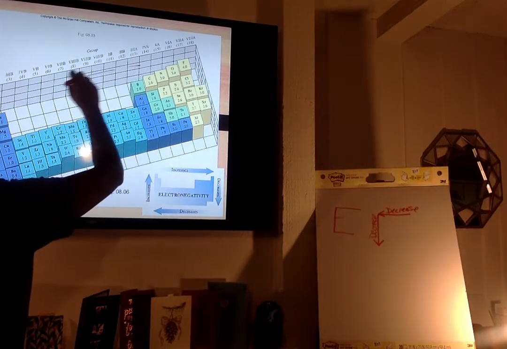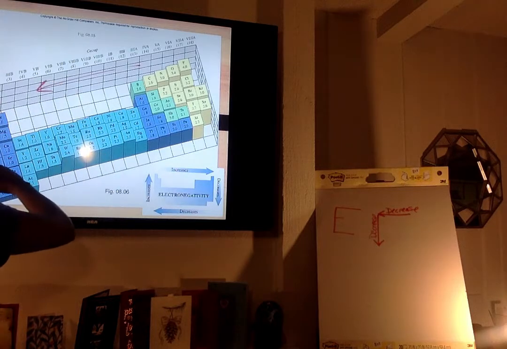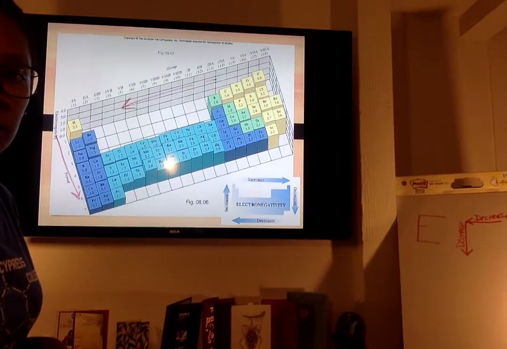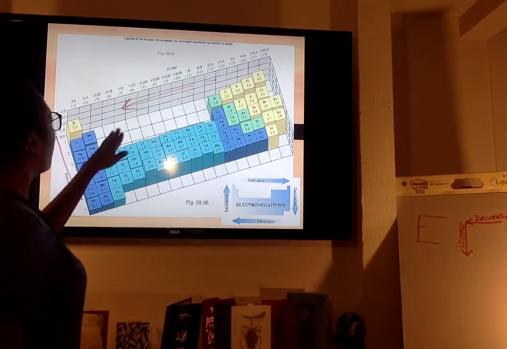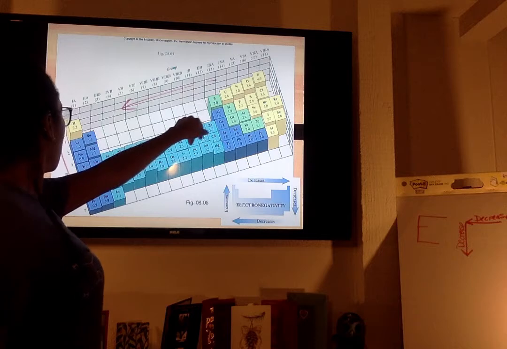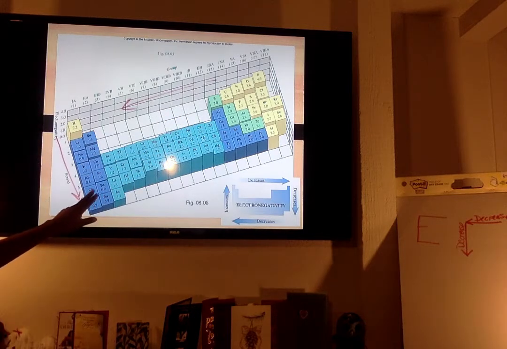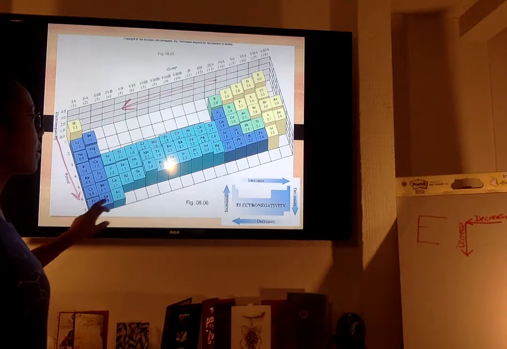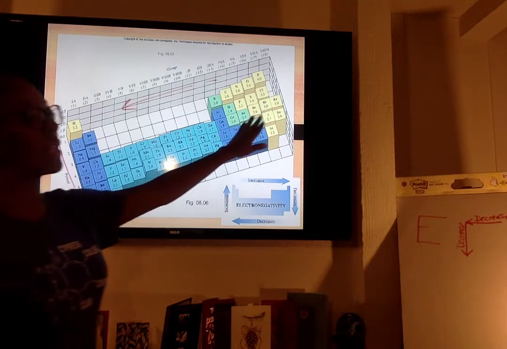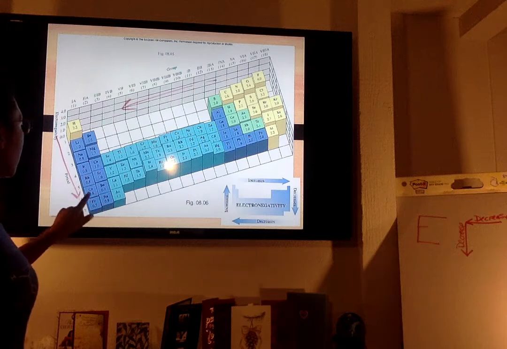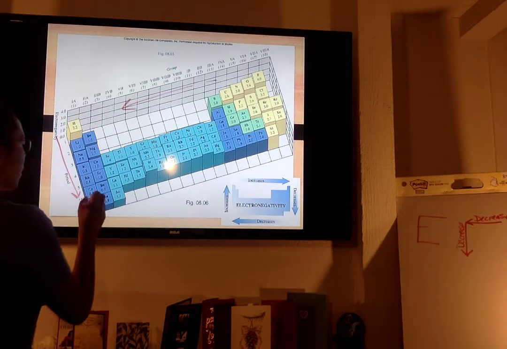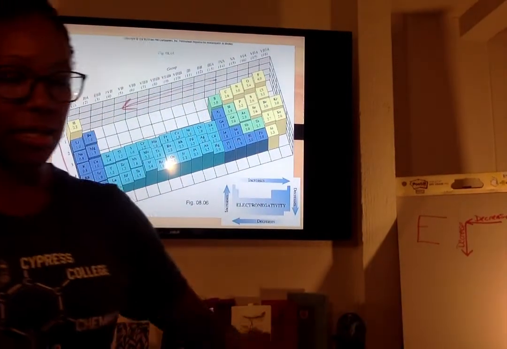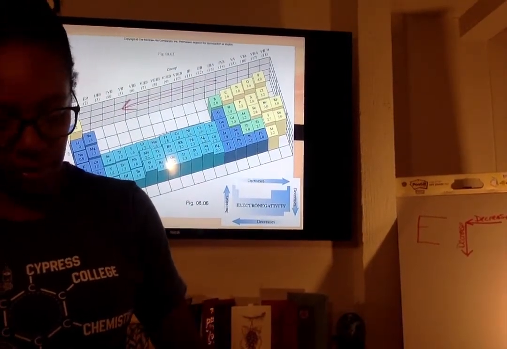Based on this periodic table, if it decreases this way and this way, then you should know that cesium is going to be the smallest. Even when you look at the values on here, you can tell that really it's not. It's Fr, which I actually found as Fy.